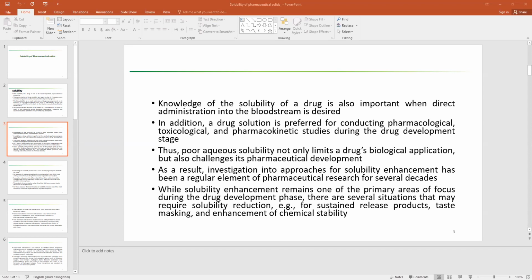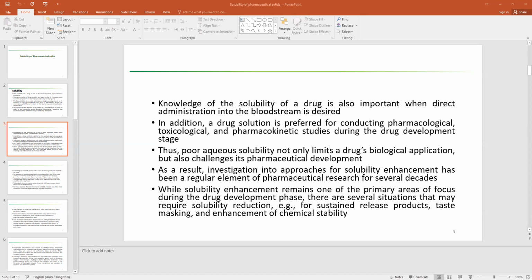You should be aware that more than one third of the compounds registered by Pfizer have a solubility that is less than 5 micrograms per ml, poor solubility. Now, solubility enhancement is one of the primary areas of focus during the drug development phase.